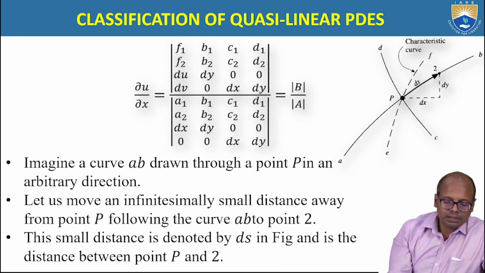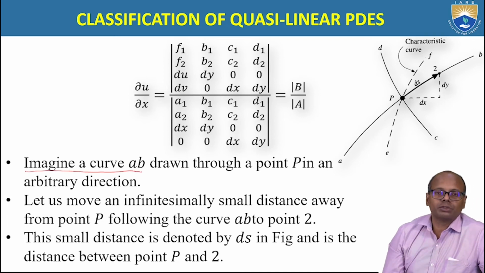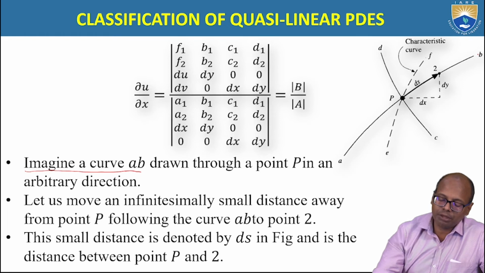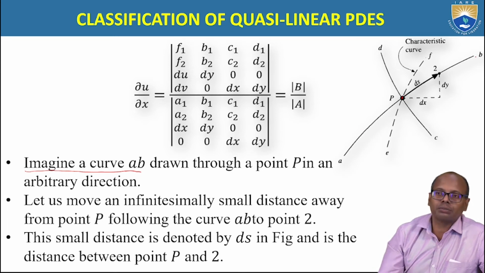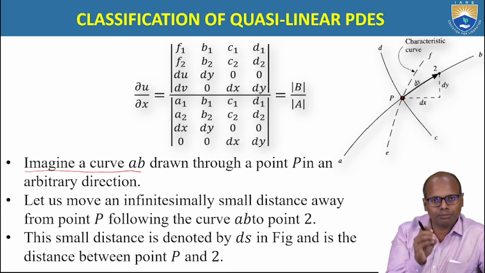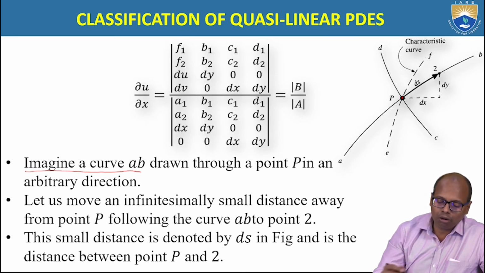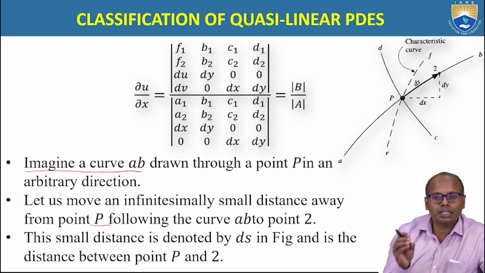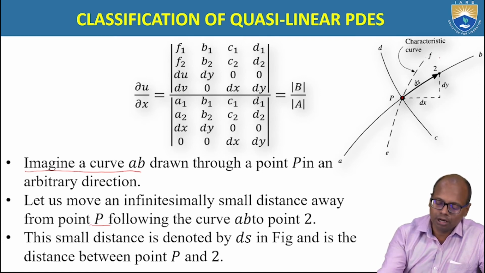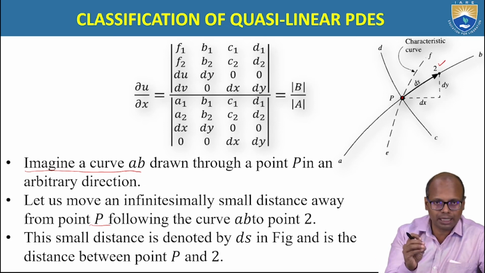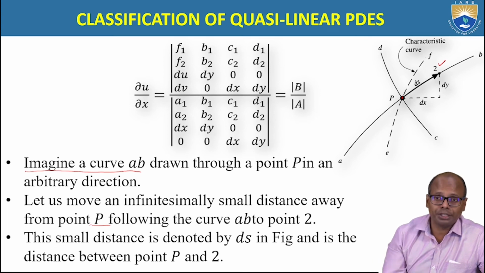Now I am imagining a curve AB. This curve AB passes through this point P. Along this curve, if P moves an infinitely small distance, so point P is on the curve AB, and along the curve the point is moving a distance of ds, which is infinitely small, and it is reaching a point 2.